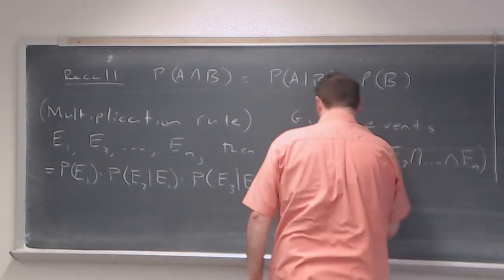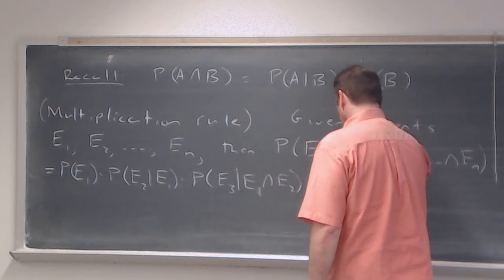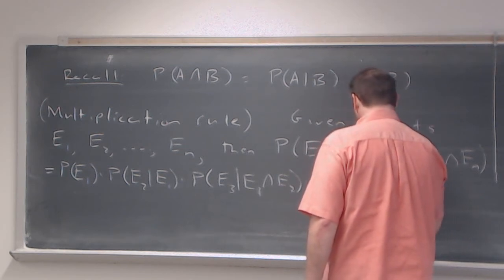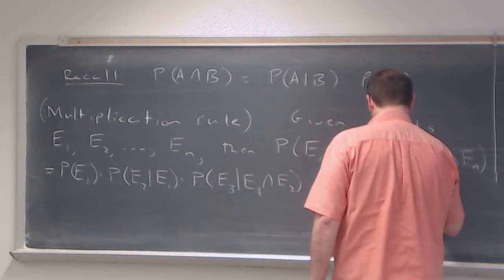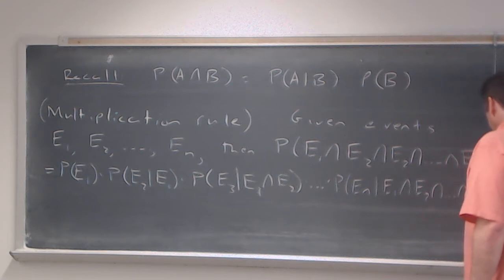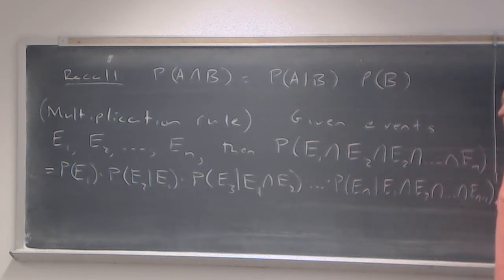The last multiplication involved here is times the probability of En given E1 intersect E2 intersect all the way up to En minus 1.